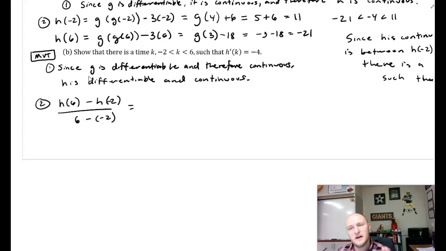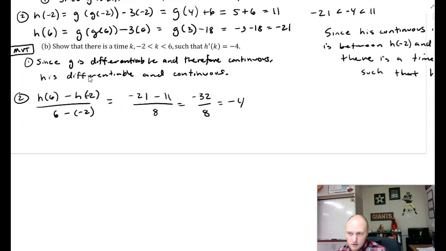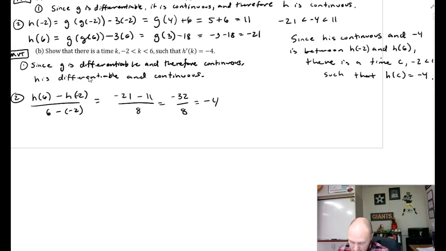I'm not going to go hunt for values unless this is wrong, because I already computed these values. I already know what h of 6 is. That's negative 21. And I already know what h of negative 2 is. That's 11. So I have negative 21 minus 11 over 8. This gives us negative 32 over 8, which is, in fact, negative 4. There we go.